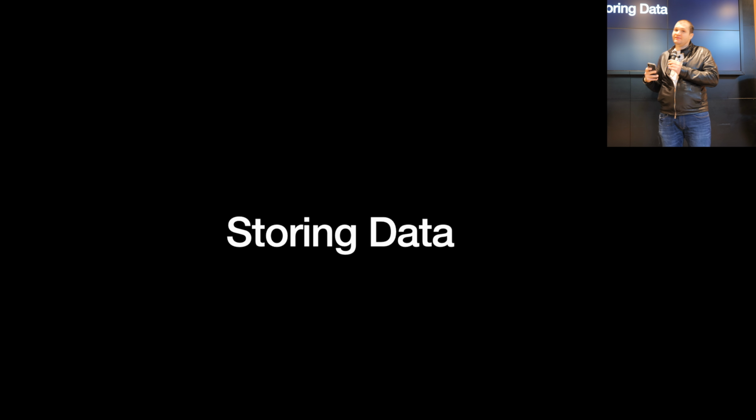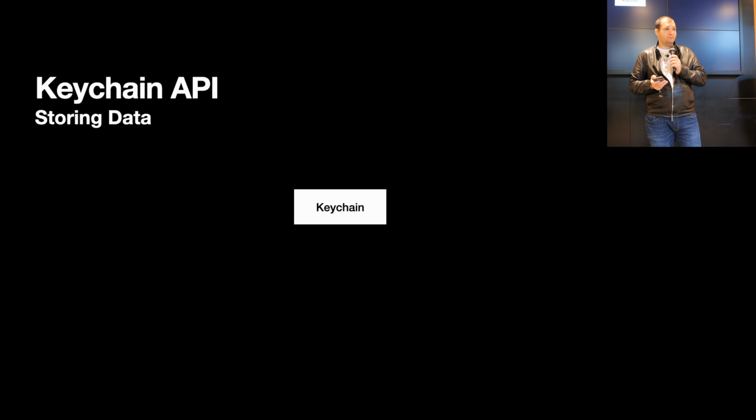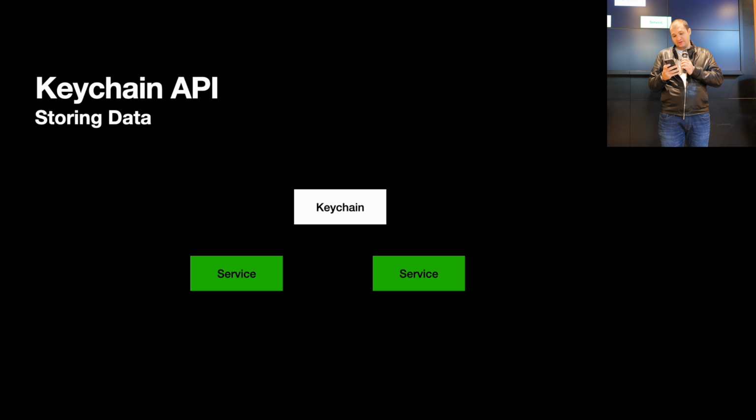And let's think a bit of how Keychain is actually designed. So at the top you have the Keychain, which is, let's say, an entity to store the data. The Keychain is actually global across the whole operating system, and it uses segregation to store data for individual applications. And then you have so-called services.